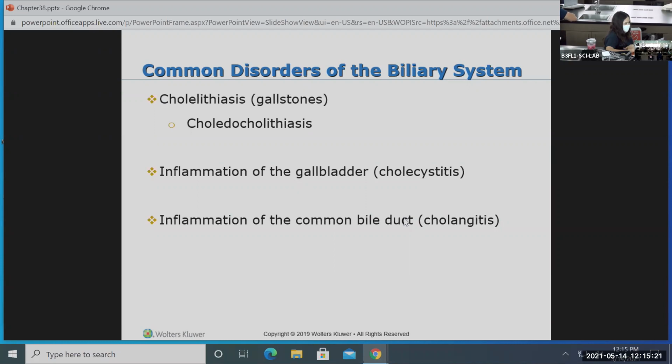Cholecystitis is the inflammation of the gallbladder only. Inflammation of the common bile duct we call cholangitis. Inflammation of the tube or duct is called cholangitis. This gallbladder disease is common in females. Gallstones are common in females also.